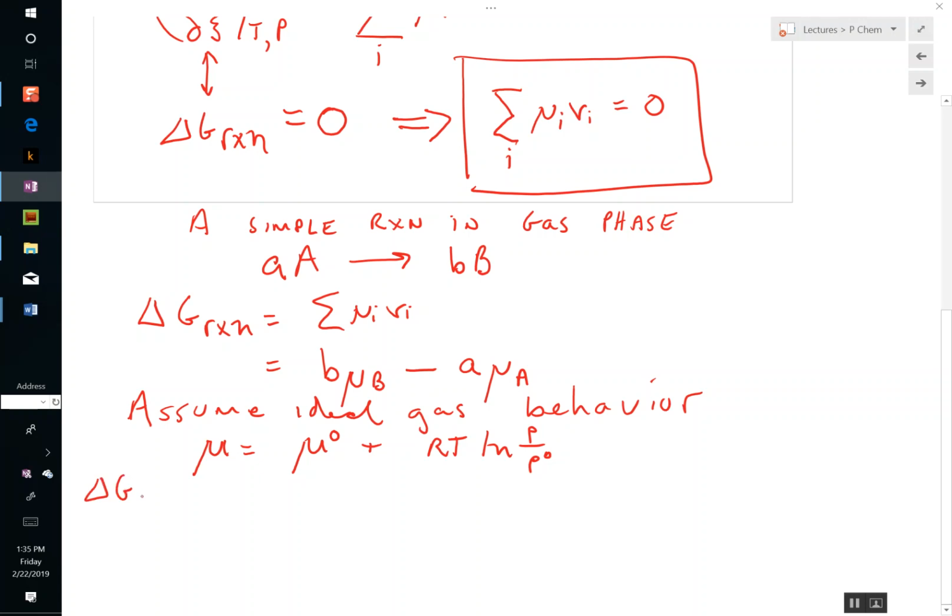So the change in the Gibbs free energy of the chemical reaction is going to be equal to a term like this for B, and a term like this for A, products minus reactants. So we're going to have B times the chemical potential of B at standard conditions.